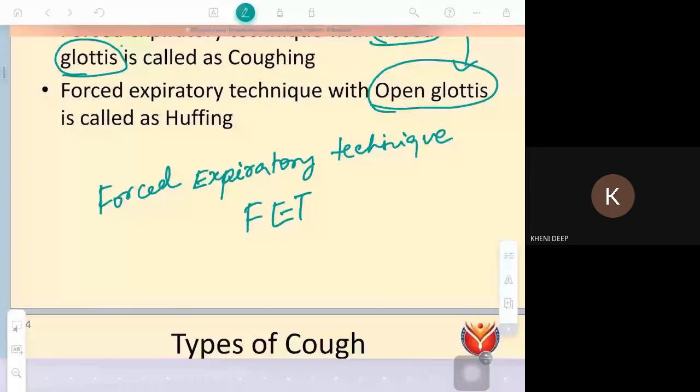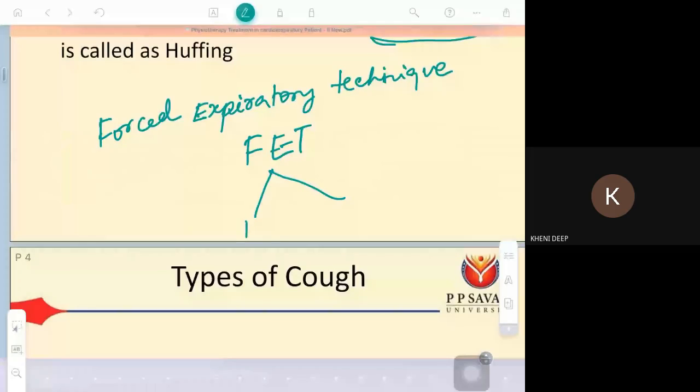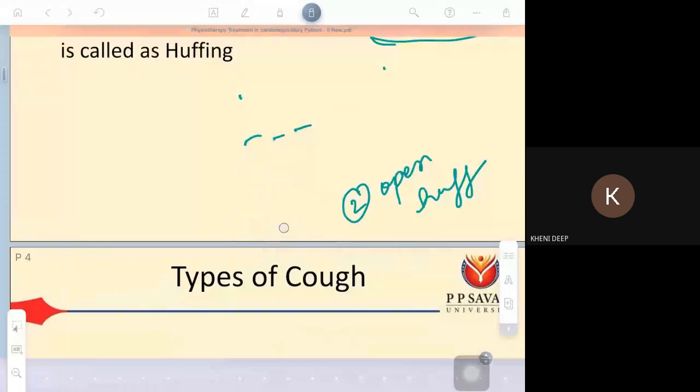FET means forced expiratory technique. So if the forced expiratory technique is performed with closed glottis, it is called cough, and if it is performed with open glottis, it is called huff. This is the difference.